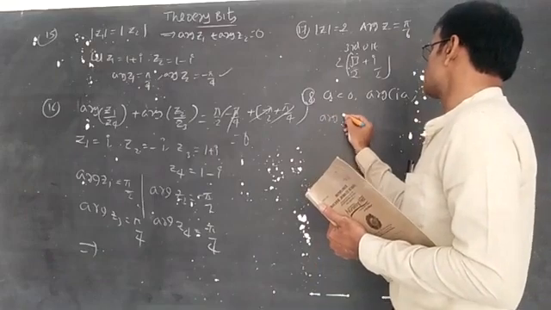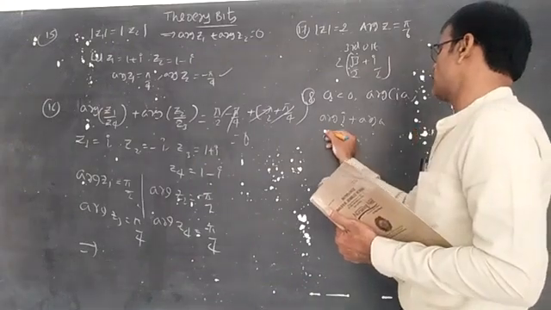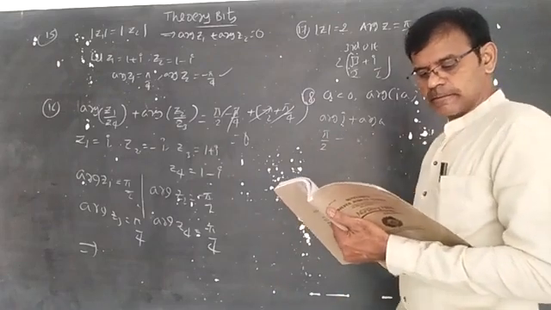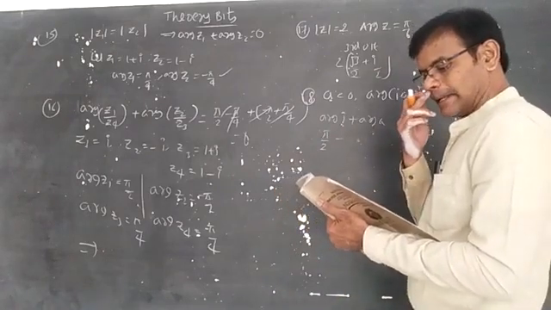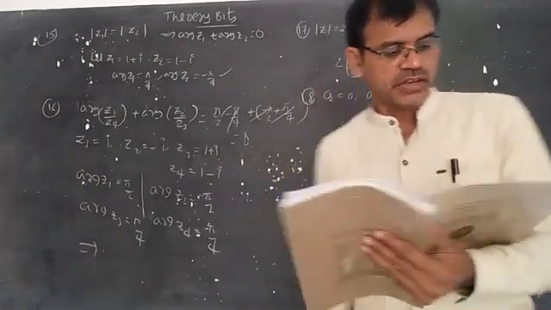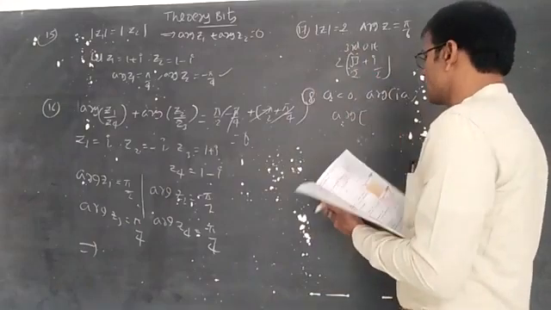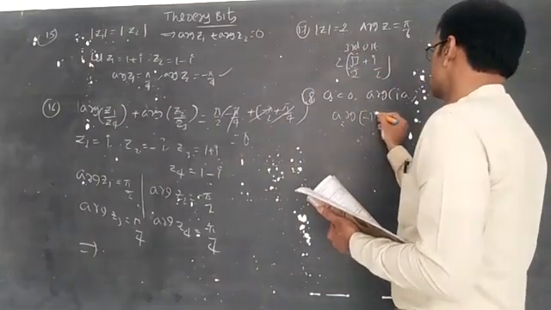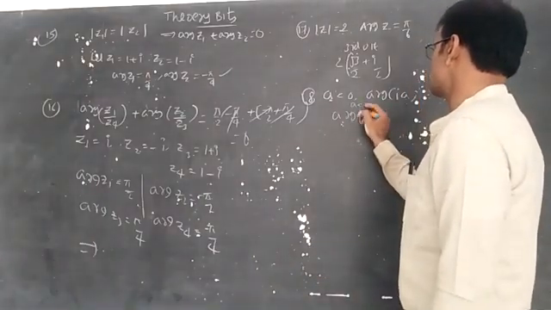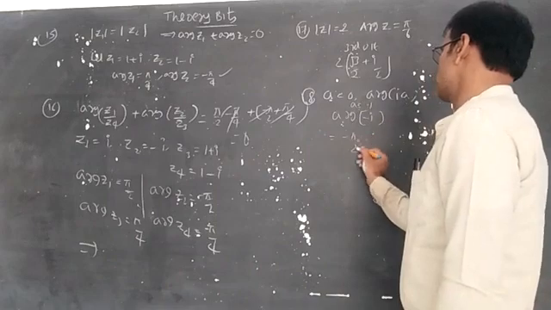Argument of iA becomes argument of i plus argument of A. Argument of i means pi by 2, minus A. Here you should not consider a particular number, since A is simply given as less than 0, so take any number like minus 1, minus 2, minus 3. Simply I am taking A is equal to minus 1. So argument of minus i becomes minus pi by 2.